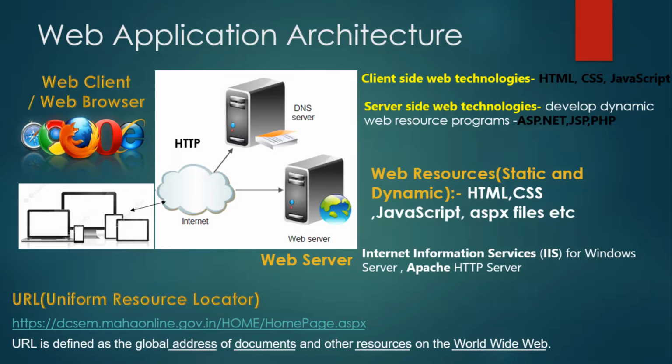If you are access the ASPX file, it will run the dynamic programs, generate the output in the form of HTML, and send it to the client. So the main thing here is that the web client only understands HTML, CSS and JavaScript.